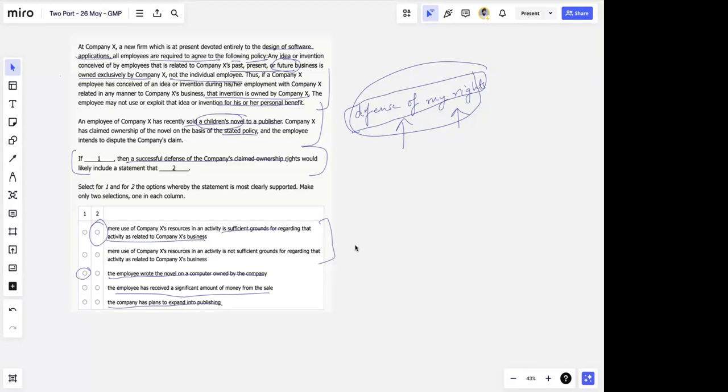I didn't even read the other two properly. But after sending it, I was reading the whole sentence: if the company has plans to expand into publishing, then this may include a statement that the use of company's resources. Then I started thinking it's not using resources. I read the other two options properly and ended up changing my answer.